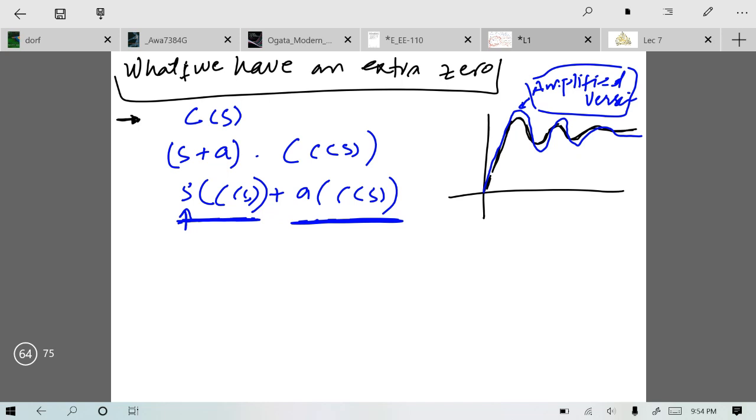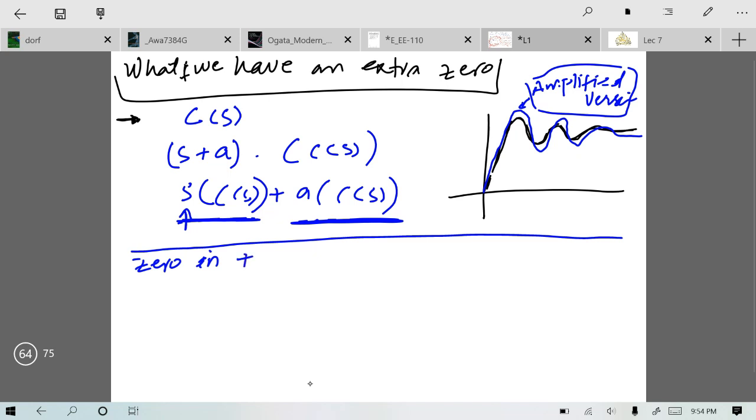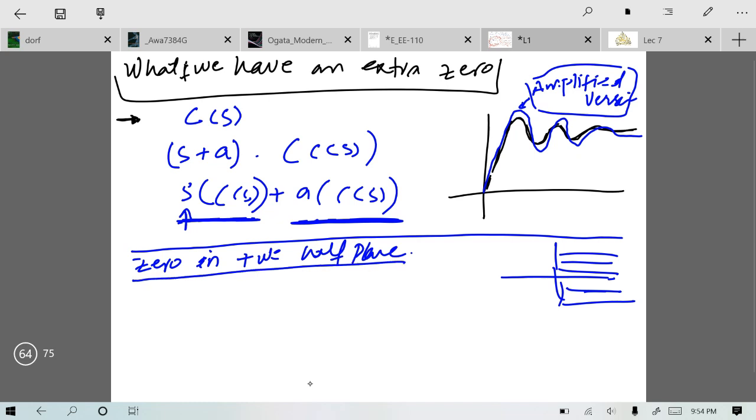Let's consider another case. What if we have a zero in the positive half plane? In case of a pole, if there is a pole in this area, you can straight away say that the system is unstable. But what would happen if we have a zero in the right half plane?